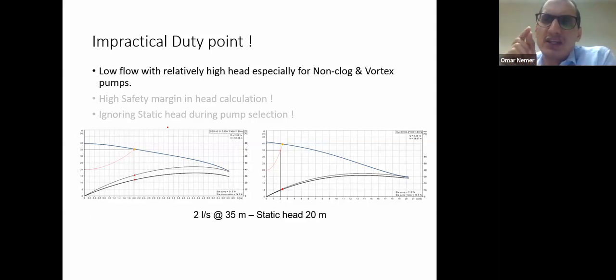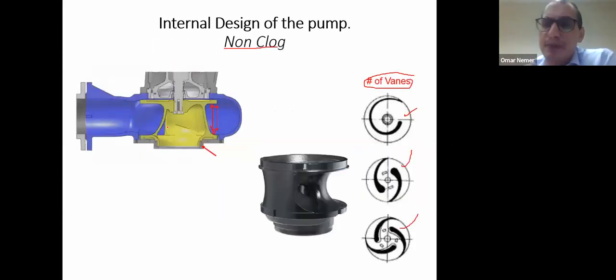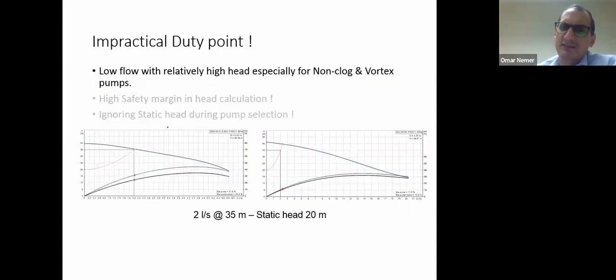Each 1 meter of head you request from the pump is a big task for submersible pumps. Why? Because of the big clearances inside these pumps, each 1 meter of head costs the pump a bigger effort and needs a higher energy difference in the design. Each 1 meter of head is a big task for submersible pumps.